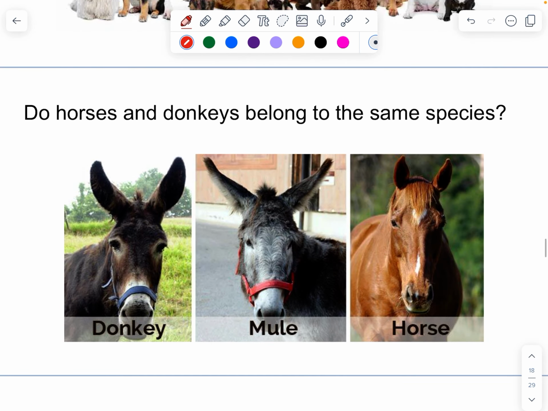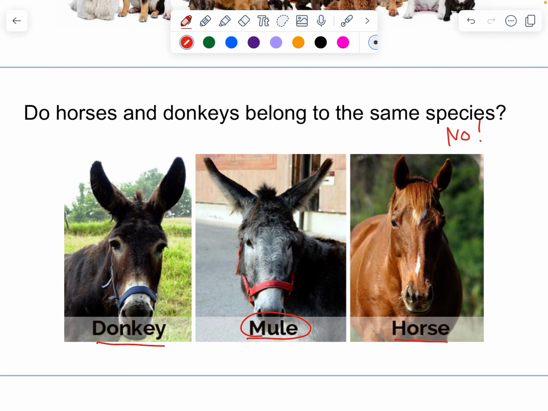Now, here's another question. Do horses and donkeys belong to the same species? So we have donkeys over here, horses over here. I want you to ponder this question. And the answer is no, they do not belong to the same species. Donkeys and horses can interbreed with one another to produce a viable offspring, which we call mules.